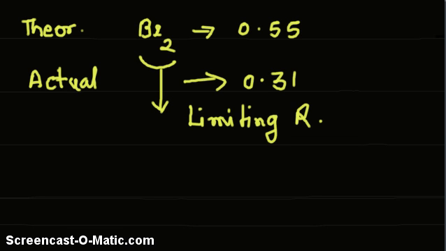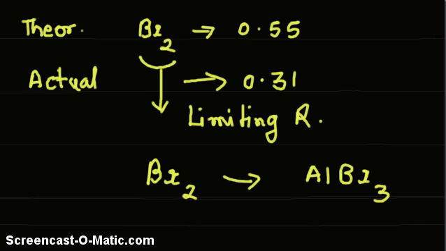Now in this case, since bromine is the limiting reactant, we will establish the ratio of bromine to the product, which is aluminum bromide.